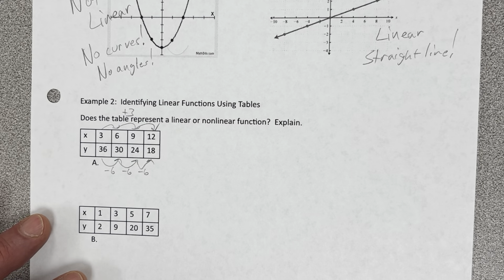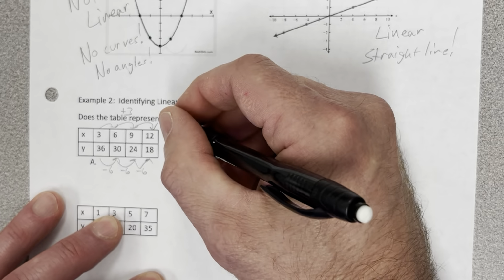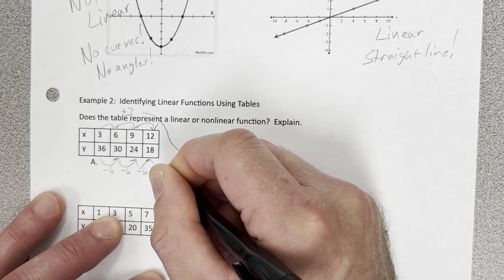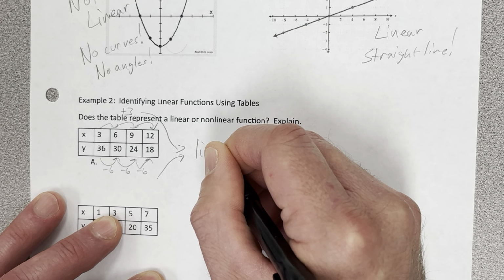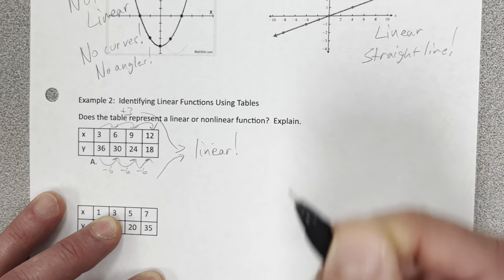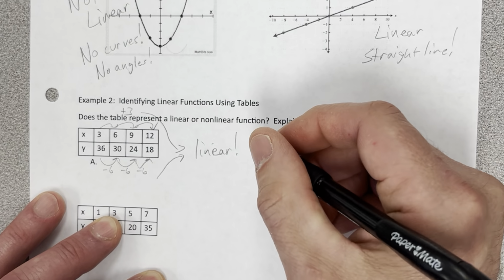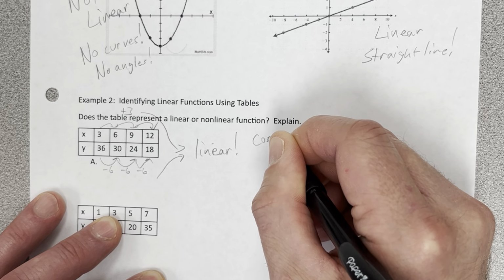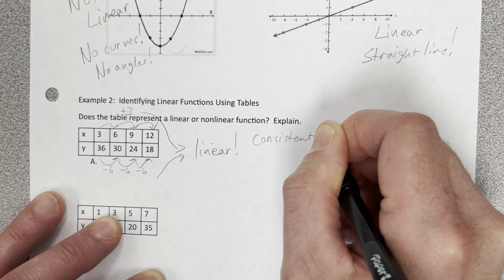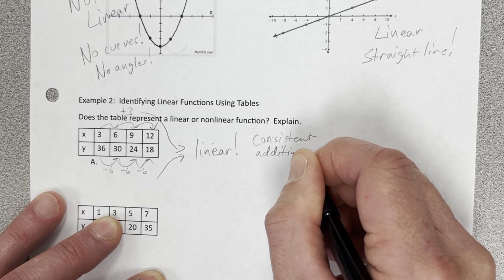All right. So this is linear. And you can tell it's linear because it's got to have consistent addition or subtraction.